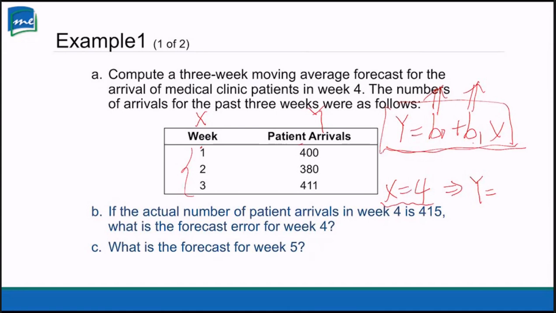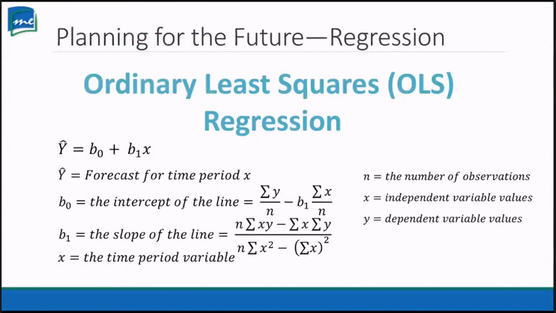So we go back to the equations. In general, b0 equals this formula, while b1 we can obtain from this formula. If you know the past values of x and y, like in our example, the past 3 weeks, x equals 1, 2, 3, and we know the patient arrivals for weeks 1, 2, 3, then we just use those formulas to obtain b0 and b1, and then we obtain the formula.